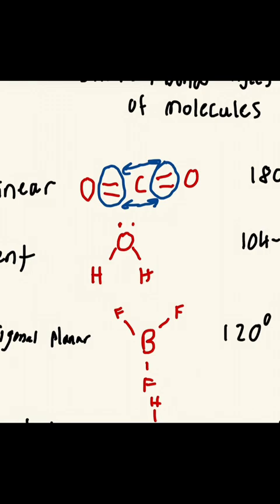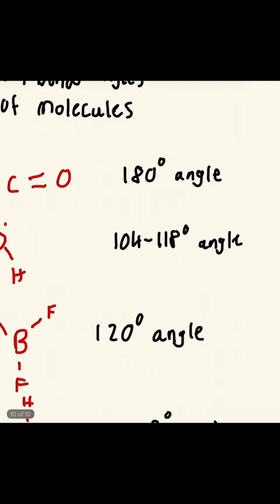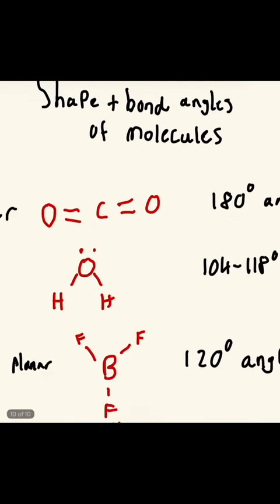So the way that they can be the furthest away from each other is by being at opposite ends of this carbon, and that creates a linear shape. Now the bond angle for this one is 180 degrees. So the angle between these bonds, this one here, is 180 degrees.